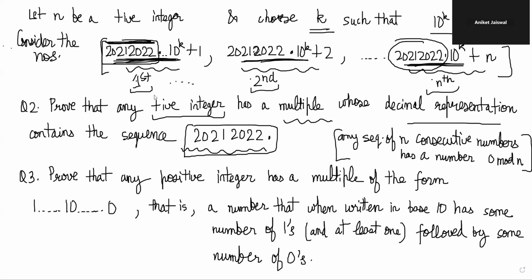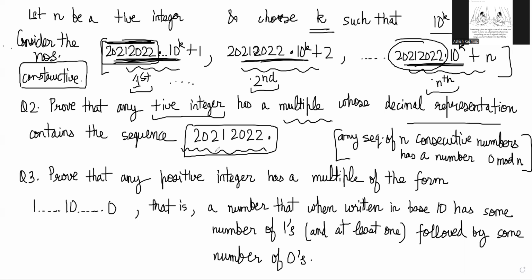You are starting with this, and you are getting a sequence of n numbers with one of them divisible by n. This kind of proof is called a constructive proof, where we construct the required type of thing and show that it satisfies a property. We are constructing a sequence of numbers which satisfies this property, right? Okay.